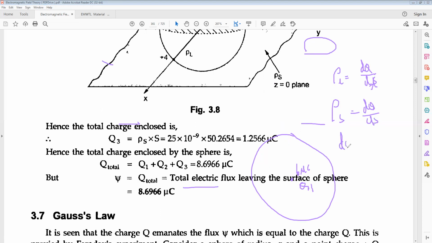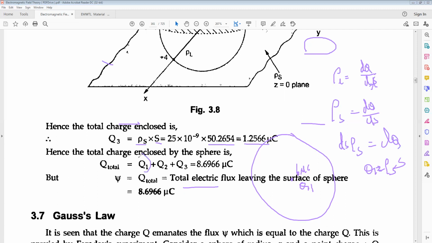Okay, ds into rho S is equal to dq, or q is equal to rho S into S. There is no differentiation on both sides. Q is equal to rho S into S. What is Q, rho S, and S, we already found as pi r square. We substitute here the 50.2. Then finally we get 1.2 microcoulombs.